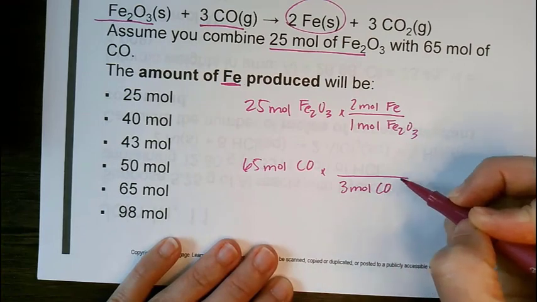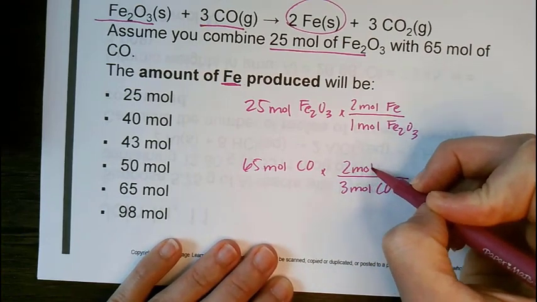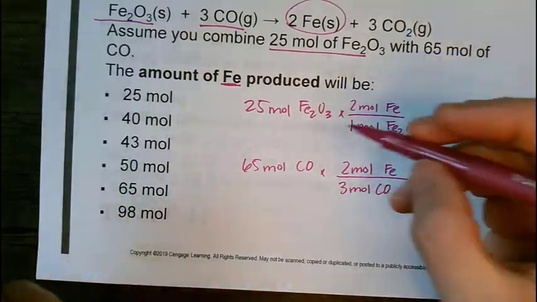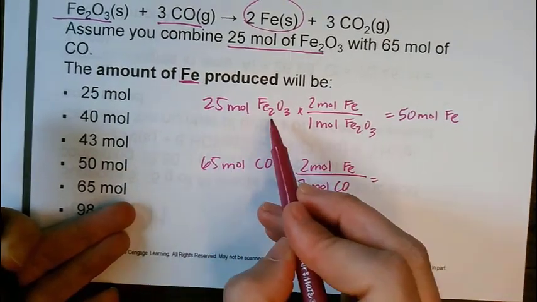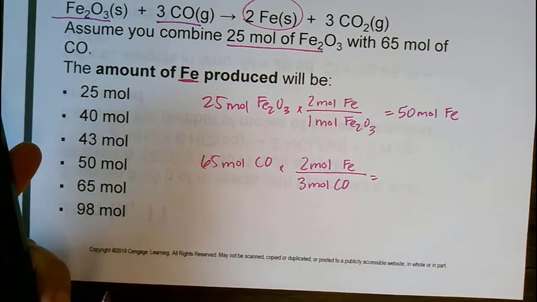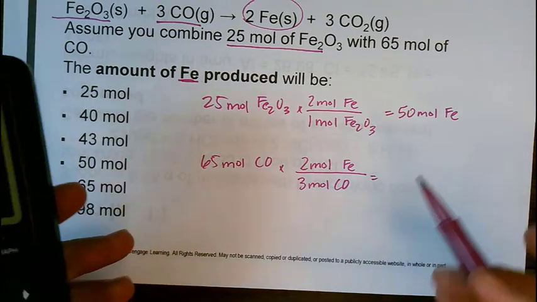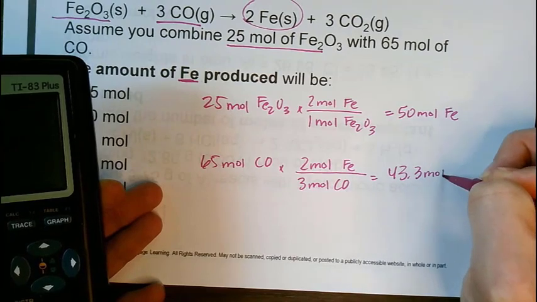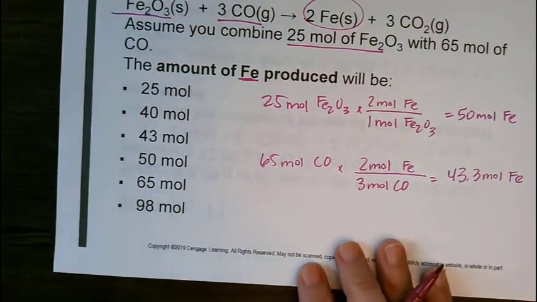And I'm going to compare my 3 moles of carbon monoxide to every 2 moles of Fe. 25 times 2, we will have 50 moles of iron produced from my iron(III) oxide. And let's see how much for my carbon monoxide. 65 times 2 divided by 3, 43.3 moles.